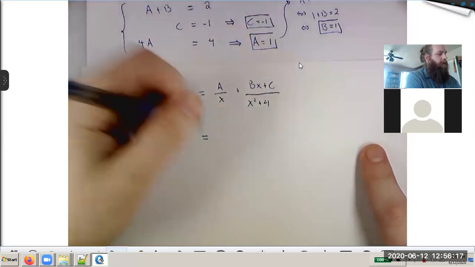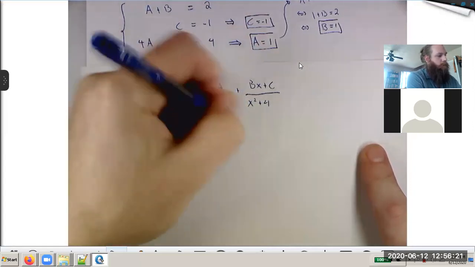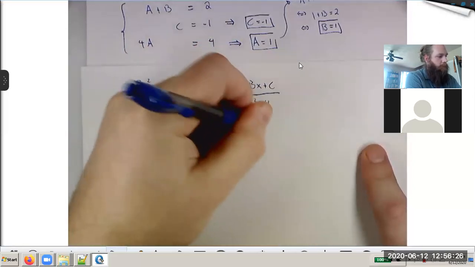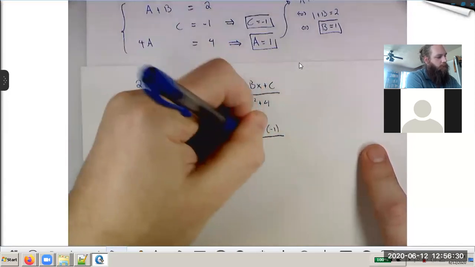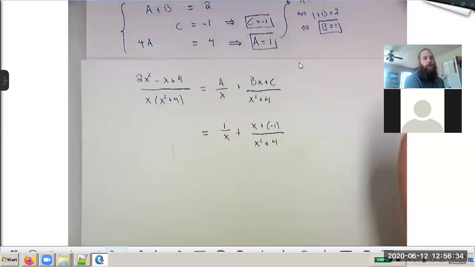That must be the same as, well, a was 1, so this is 1 over x, plus b was 1, so that's just x, plus c is -1 over x squared plus 4. And only now do I return to the integral.